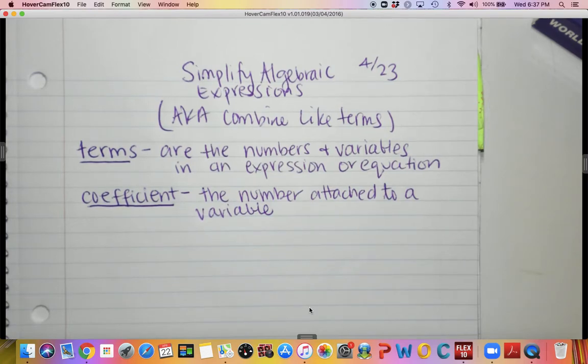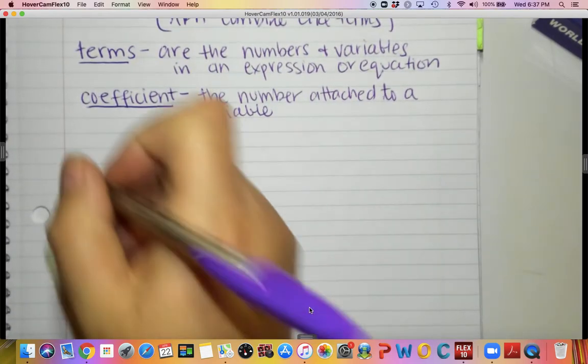Okay? So I'm going to give you an example of how to combine like terms. And we'll be talking about what the coefficients are in these problems. So we'll do some examples.